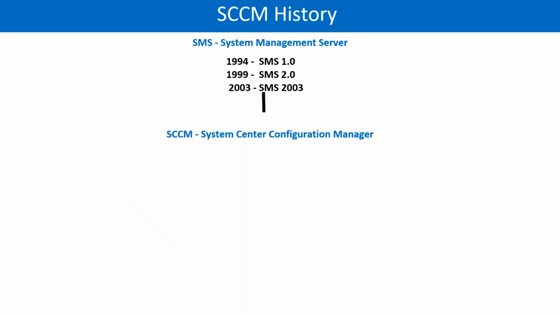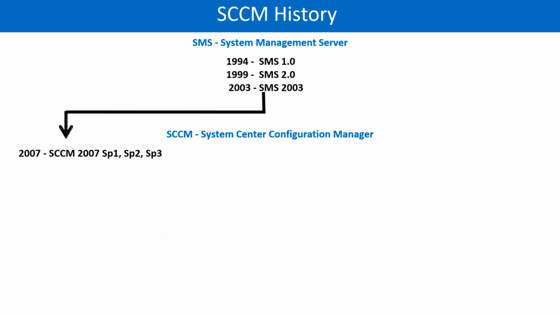So the SCCM version was released in the year 2007. So from 2007 onwards, they changed the name from SMS to SCCM. They released multiple versions like SP1, SP2, R2, SP3 in SCCM 2007.